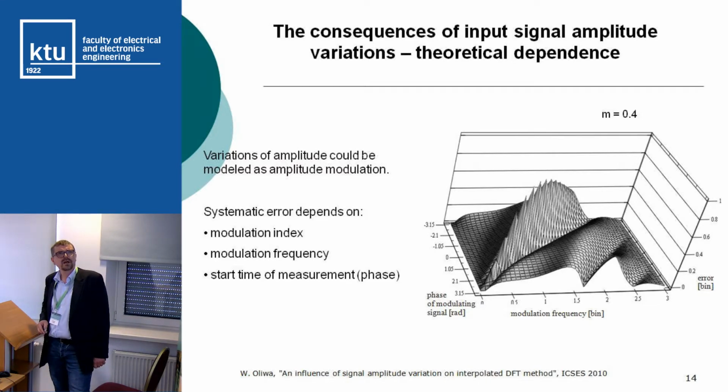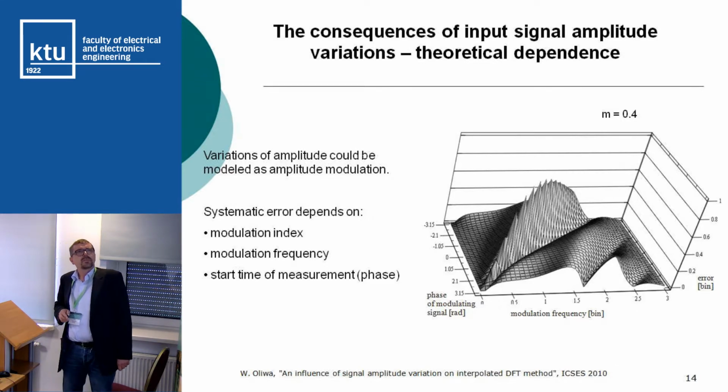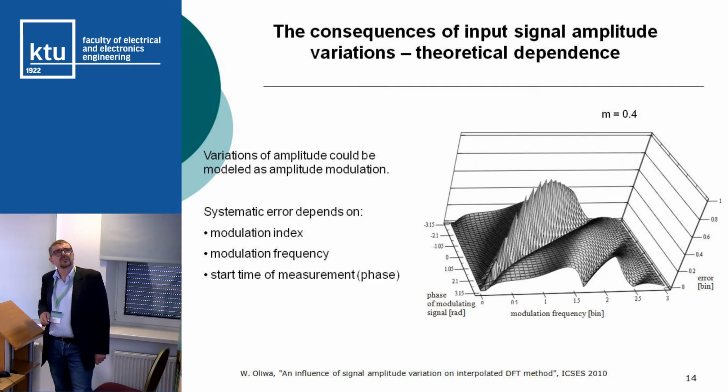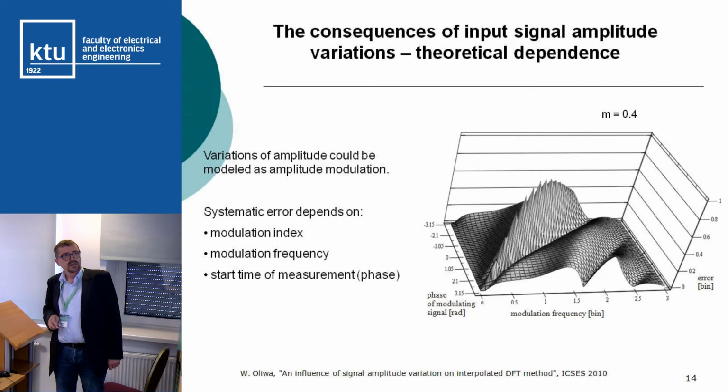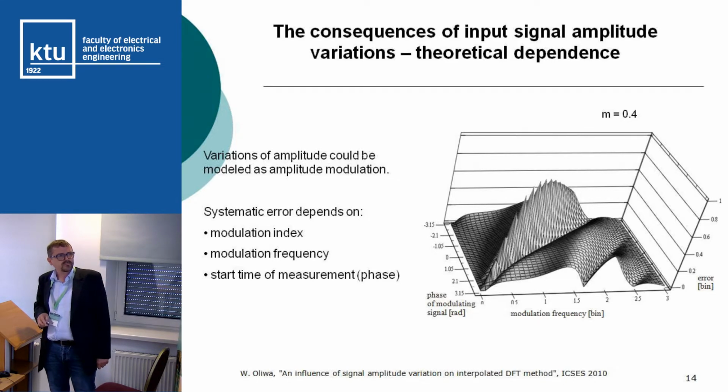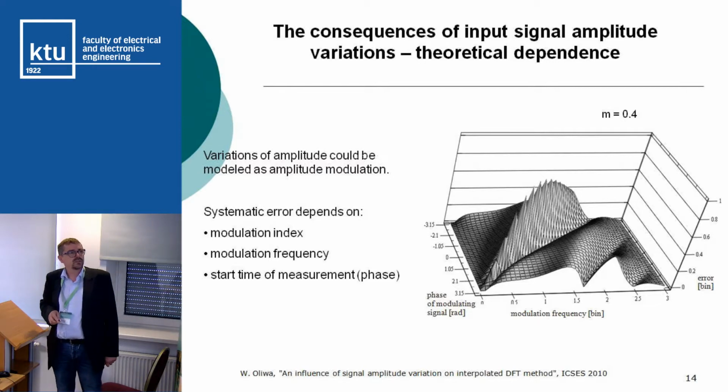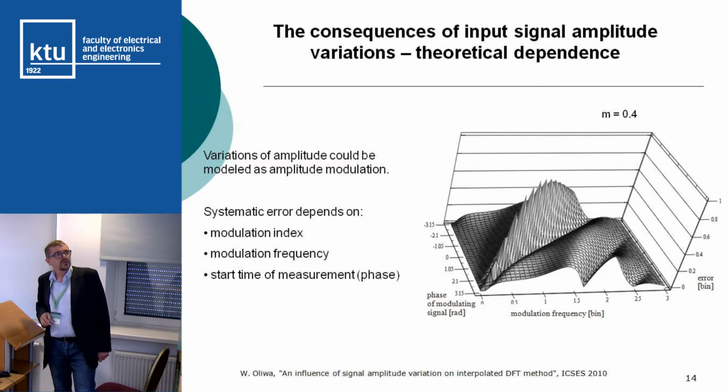When we try to model the variation of input signal amplitude during the acquiring process, it can be done in the simplest way by using amplitude modulation.